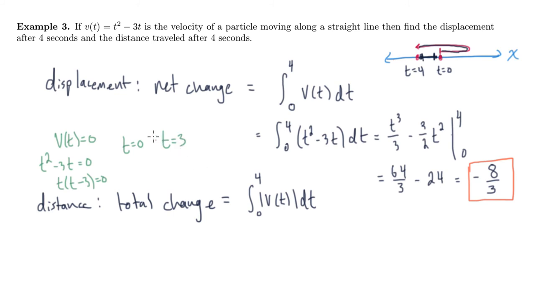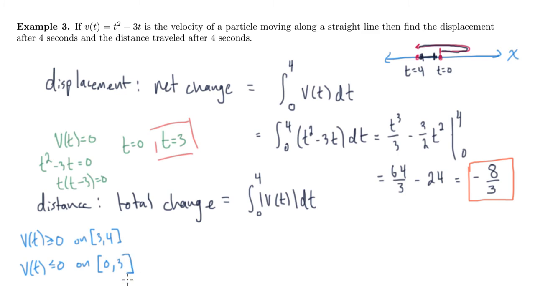So I should be interested in this t equals 3 value. If I plug in 1, I see that the velocity is negative. And if I plug in something greater than 3, I see that the velocity is positive. So v of t is greater than or equal to 0 on this interval, and v of t is less than or equal to 0 from 0 to 3.